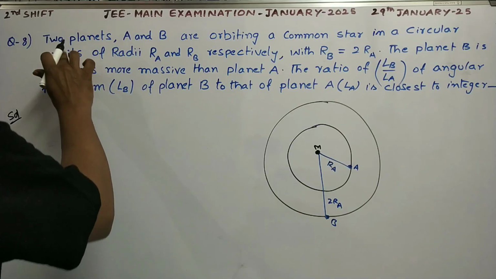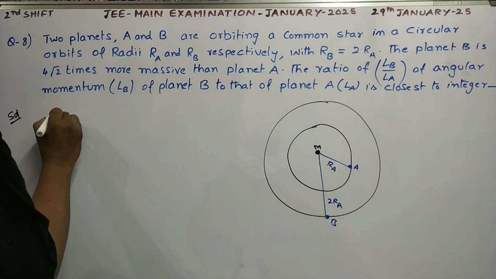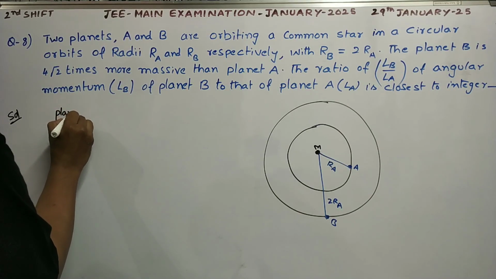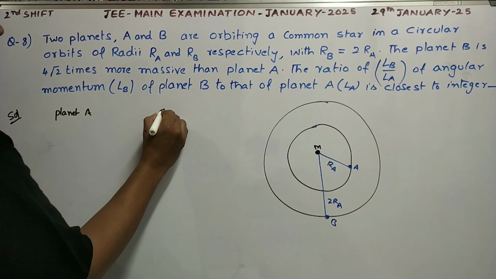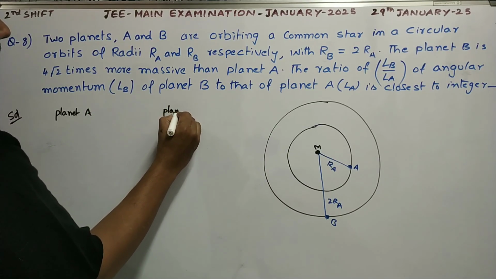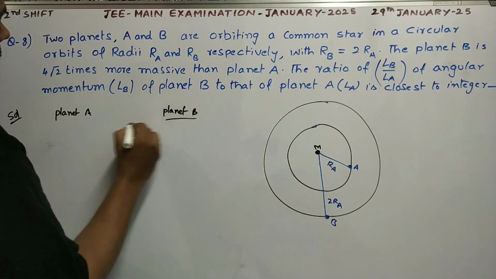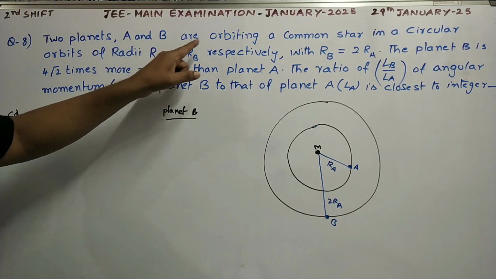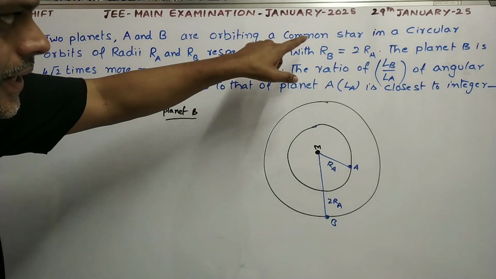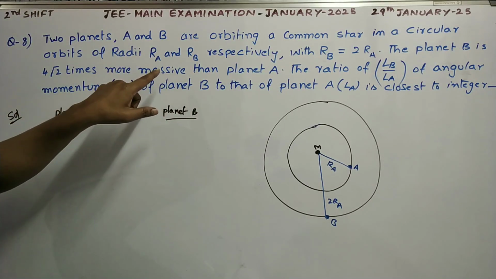Two planets, first planet A, and we take another planet B, orbiting a common star in circular orbits of radii RA and RB.